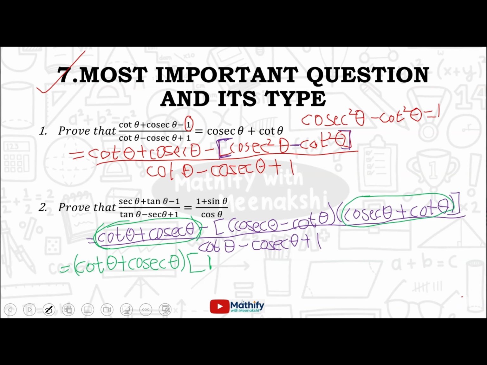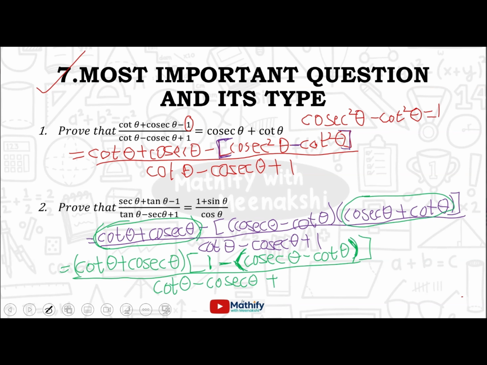Don't write 0. Minus, now after minus we have cosec theta minus cot theta, but in bracket. See this bracket carefully, it's inside the bracket. And in denominator, you will copy the same thing, cot theta minus cosec theta plus 1.